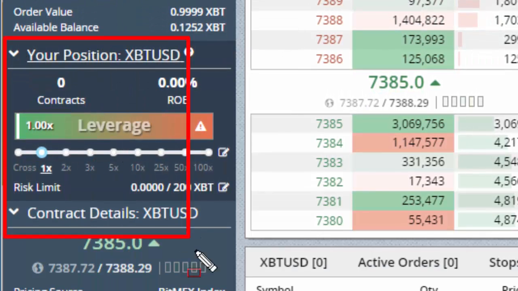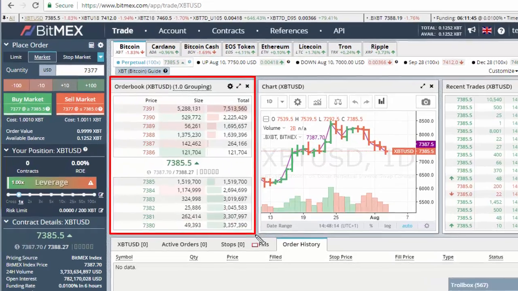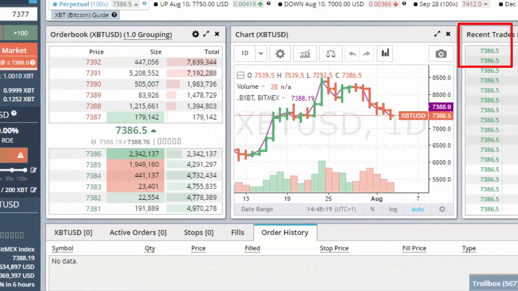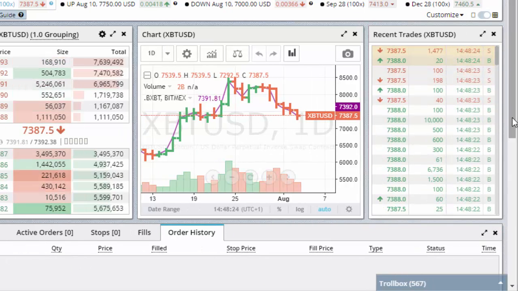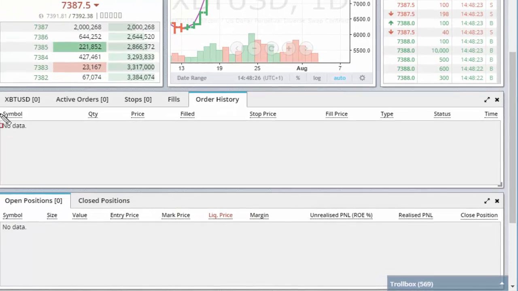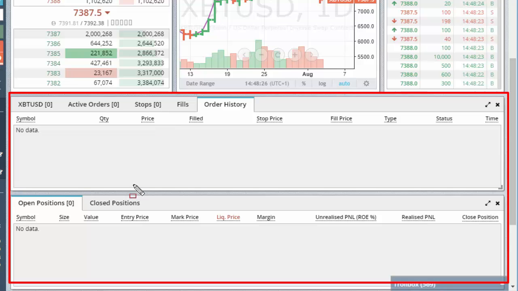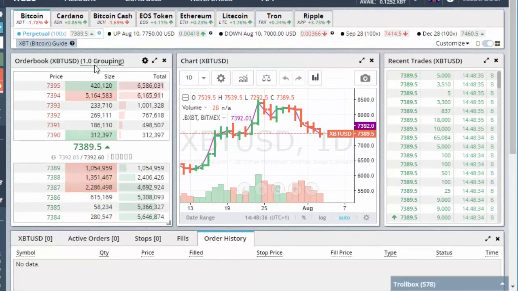We've also got the amount of money that we can borrow from the exchange as well. And then on the main part here, we've got the number of orders that are being placed on the exchange. Over on the right, we've got the number of trades that are being filled. And then below this, we've got all of the information that is relevant to those orders, whether they are pending, whether they are active, whether they're stops, whether they're open positions. All of that is provided below there as well.